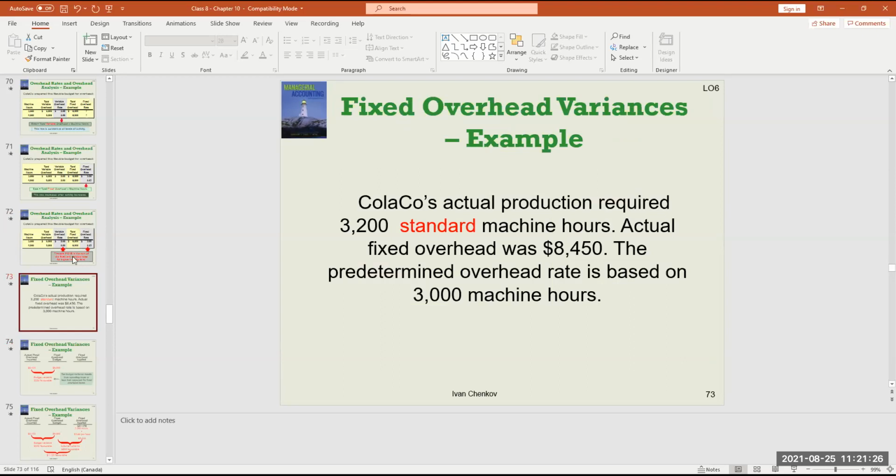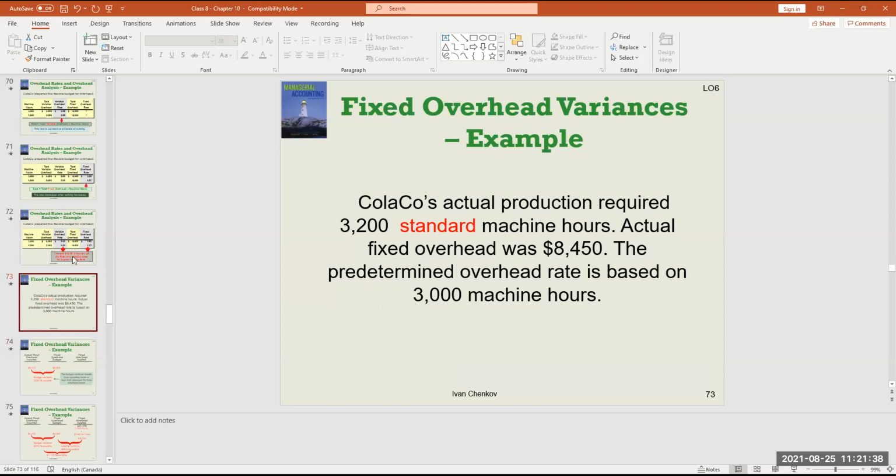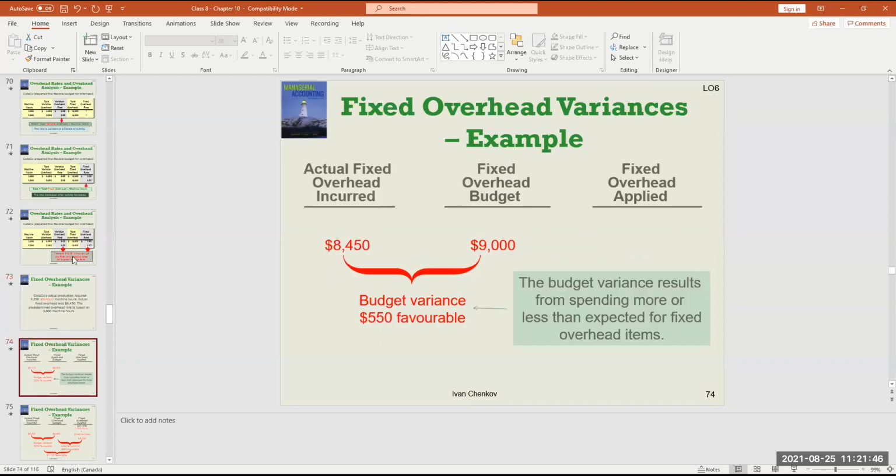Let's compare first the actual. We budgeted for 3,000 machine hours, and the fixed overhead per hour is $3. So our total fixed overhead is 9,000. However, the actual overhead is 8,450. That automatically gives us the budget variance, which is favorable. So we anticipated $9,000, but in reality, our cost was only 8,450. That creates a $550 favorable spending variance.